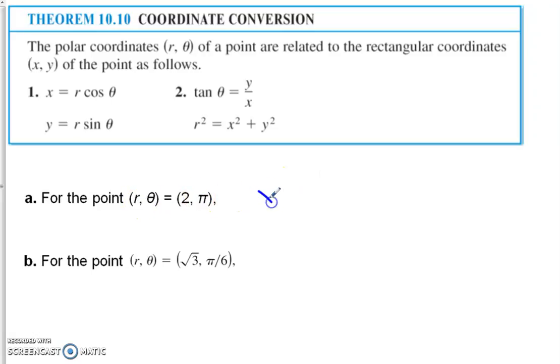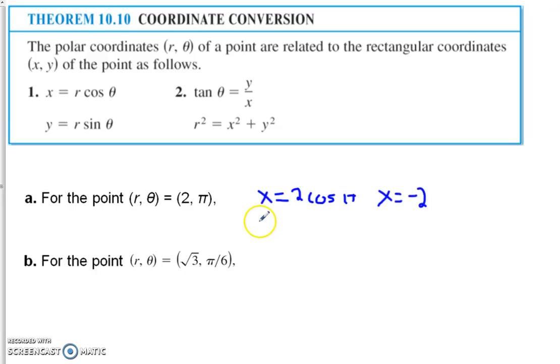Well, the x coordinate is equal to r cosine theta, 2 cosine pi. And the cosine of pi, everyone, is, of course, negative 1. So we would say here that x equals negative 2.